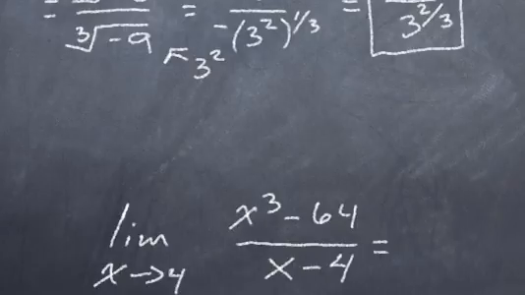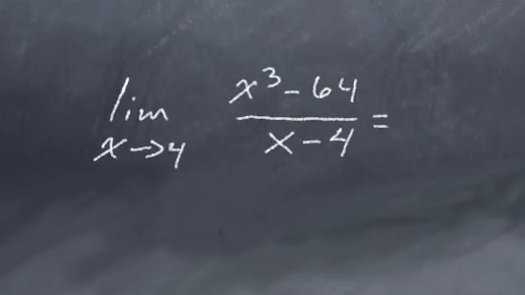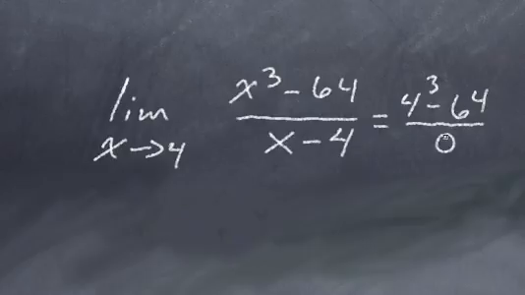Now this particular one here, we're going to have to do some factoring, but let's first just go through the steps here where we take 4 and do the direct substitution and plug it directly in, and we're going to end up with 4 cubed minus 64 over, and plugging 4 in here, 4 minus 4 is 0, but 4 cubed is 64, and 64 minus 64 is 0, so we end up with 0 over 0.